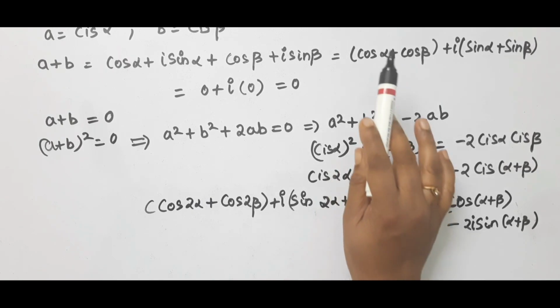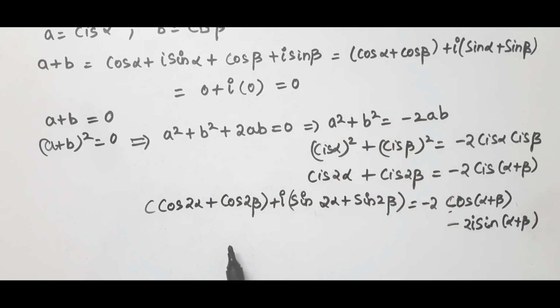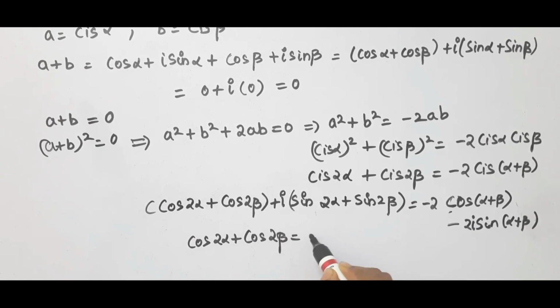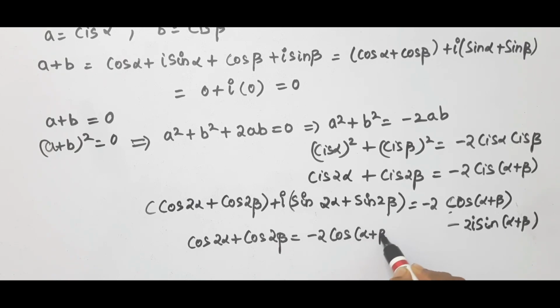Here they asked for cos 2 alpha plus cos 2 beta, which is nothing but the real part. So simply compare the real parts on both sides. We will get cos 2 alpha plus cos 2 beta equal to minus 2 cos alpha plus beta, which is our final answer.